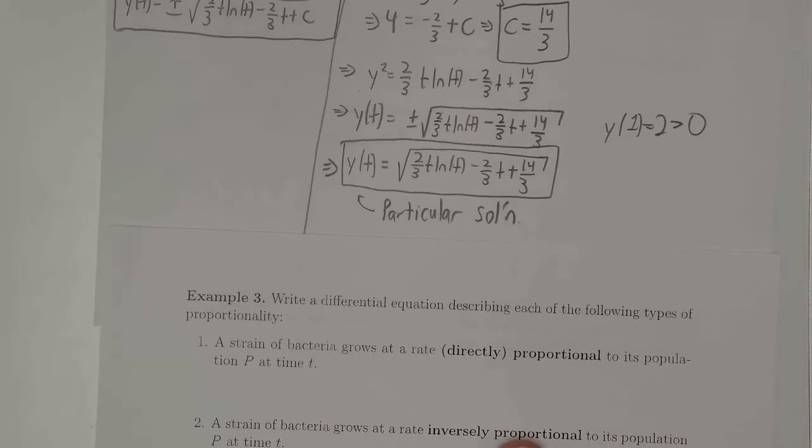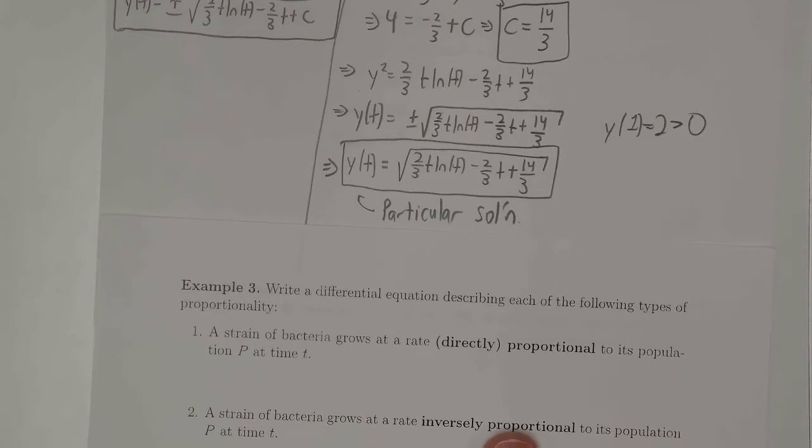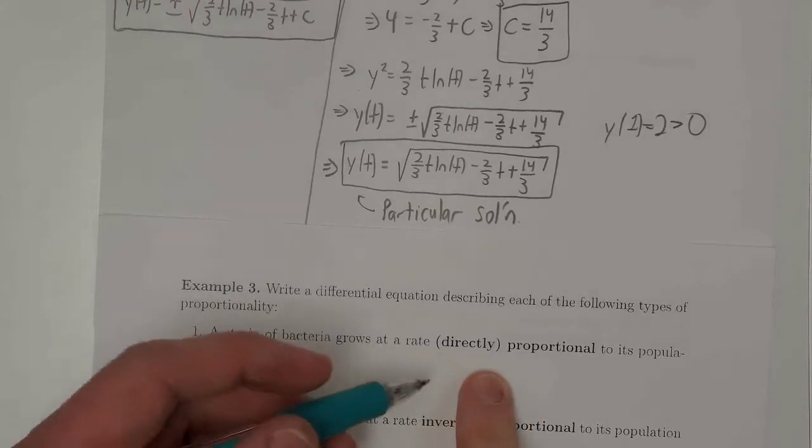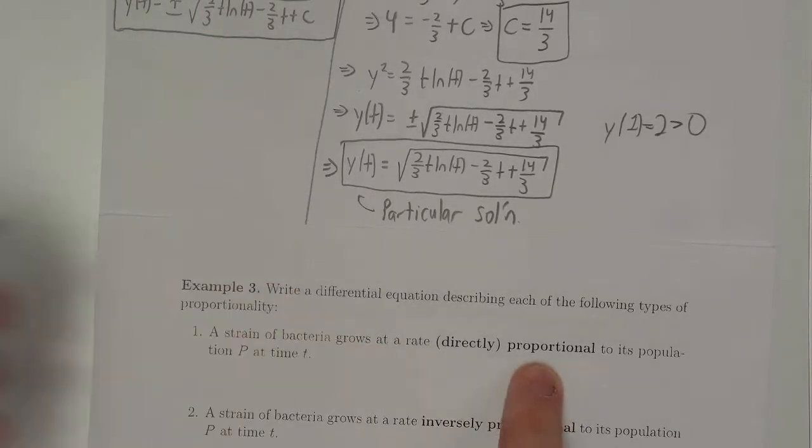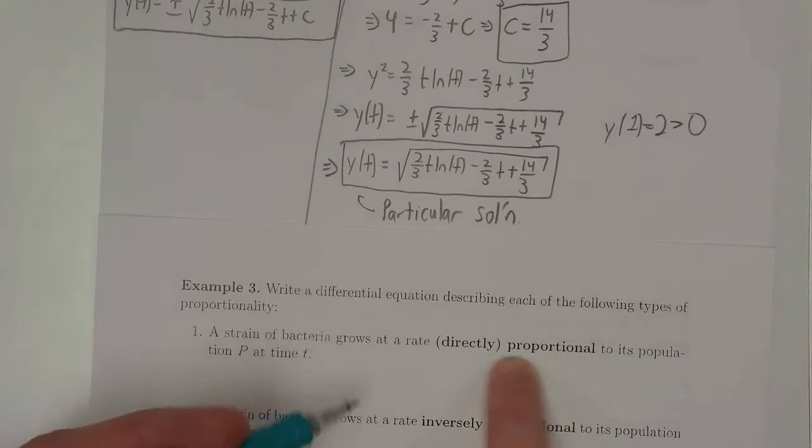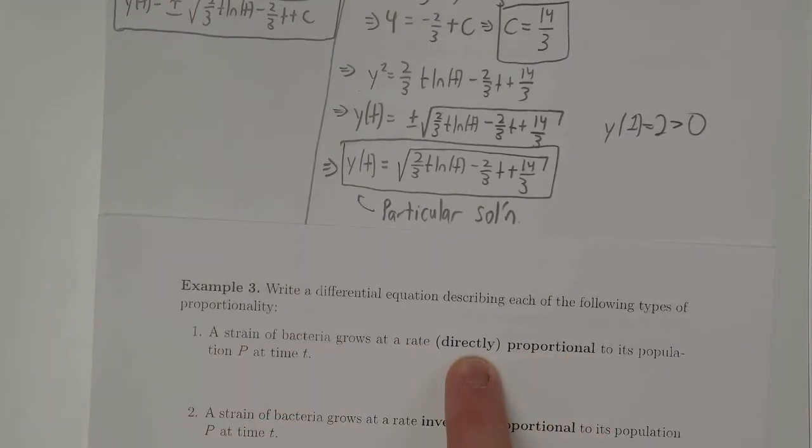So we have to write a differential equation describing each of the following types of proportionality. The first example is we have a strain of bacteria that grows at a rate directly proportional to its population at time t. Sometimes they use the word directly, sometimes they just say proportional. If they just say proportional, assume it's directly proportional.